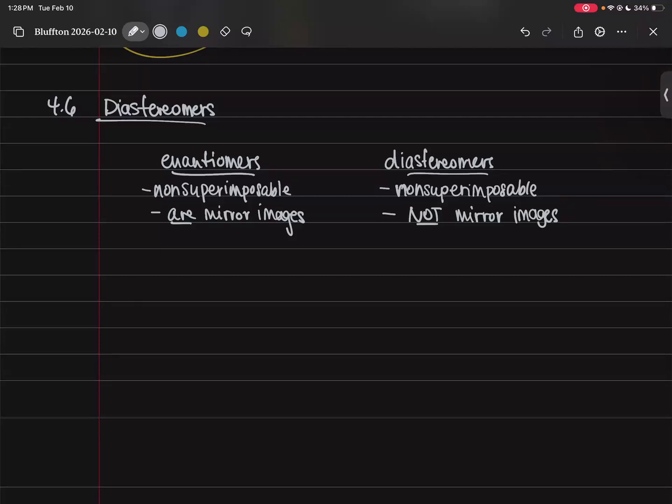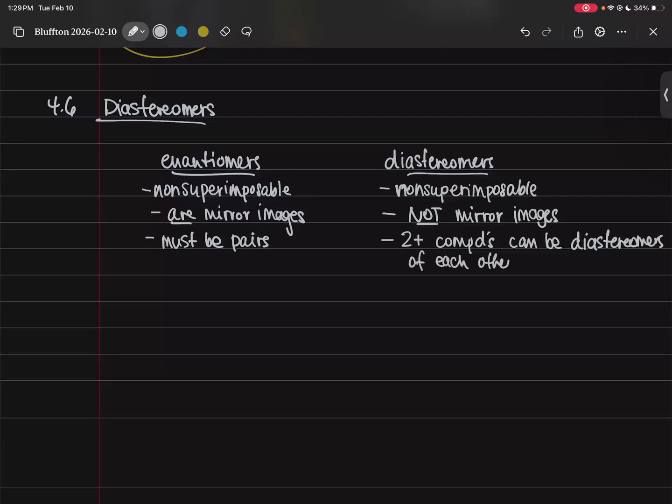Again, the word enantiomer is like the word twin, so enantiomers must occur in pairs. Diastereomers: two or more compounds can be diastereomers of each other.